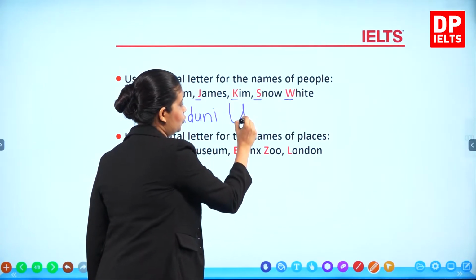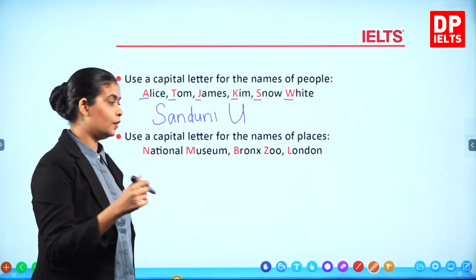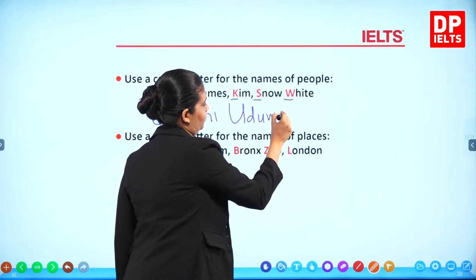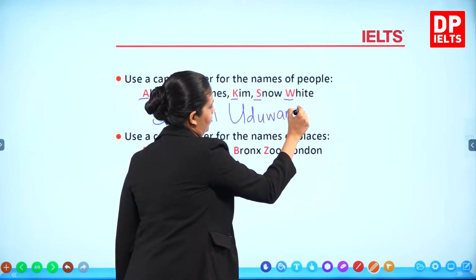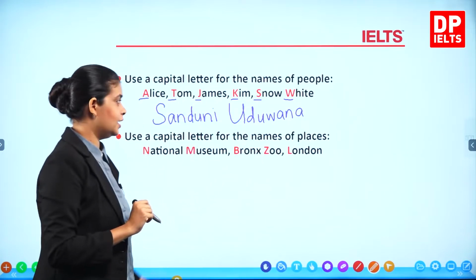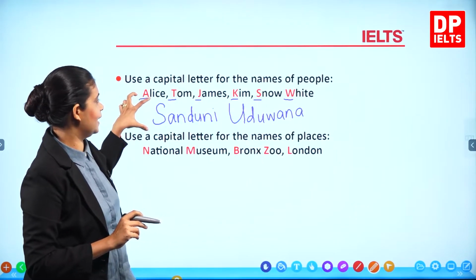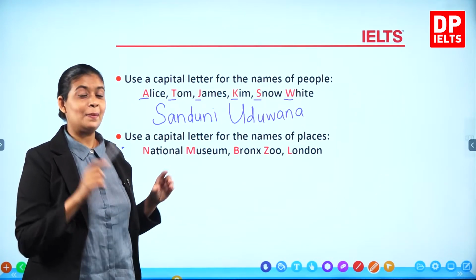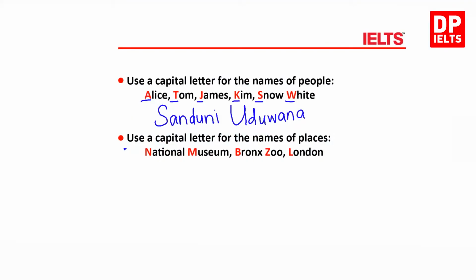Udwana is U, so it's bigger than the other letters. W, A, N. Right? So if you can see, my S and U are bigger than the other letters. Big letters. When writing the name Sandhani Udwana too, S must be a capital letter, and U must also be a capital letter.